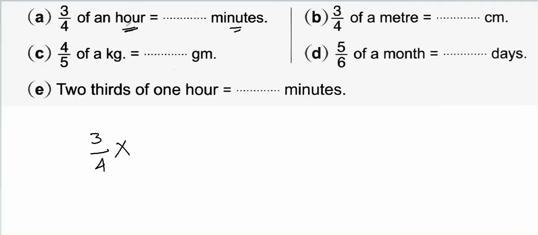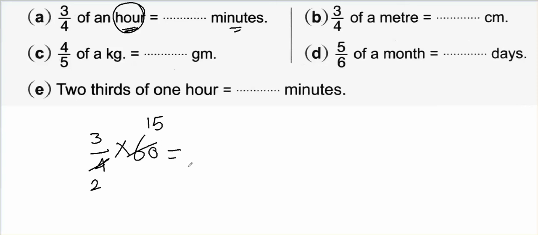To convert hours to minutes, multiply by 60, because the hour has 60 minutes. 3 over 4 times 60. We simplify 4 and 60. 4 is an even number, 60 is an even number. We divide by 2. 4 divided by 2 equals 2, 60 divided by 2 equals 30.